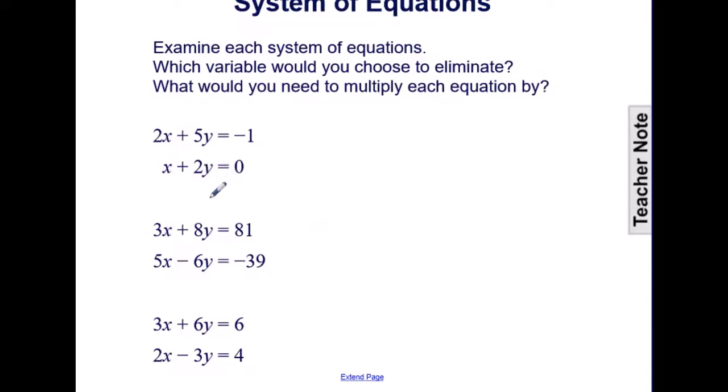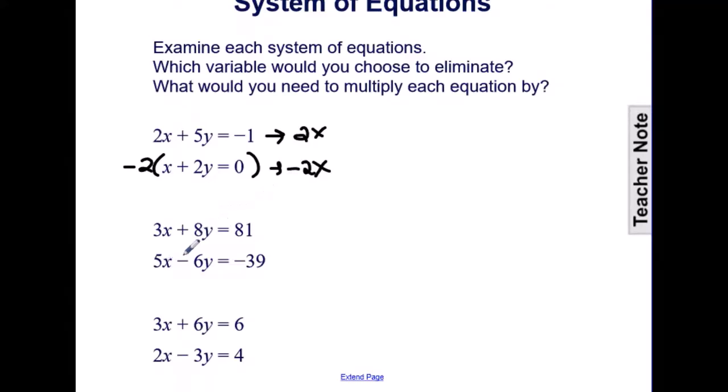For the first system, I notice that there is a coefficient of 2x and 1x, and there's a common coefficient of 2. If I multiply the second equation by negative 2, I'll create my opposite of 2x and negative 2x. So in one step, I now can add my two equations together for my elimination.